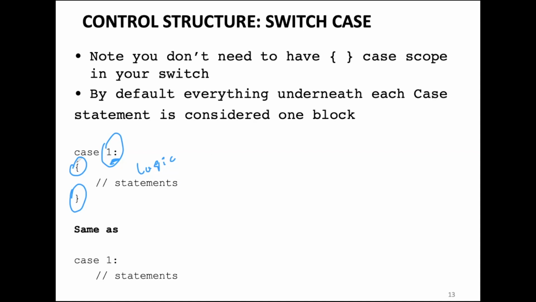You don't really need these curly braces, but for understanding, a lot of times developers will indent this, so it's basically a tab. You tab the entire statements over so it's understood that, let's say your statement has maybe 10 lines, all these 10 lines will be evaluated under this case one.